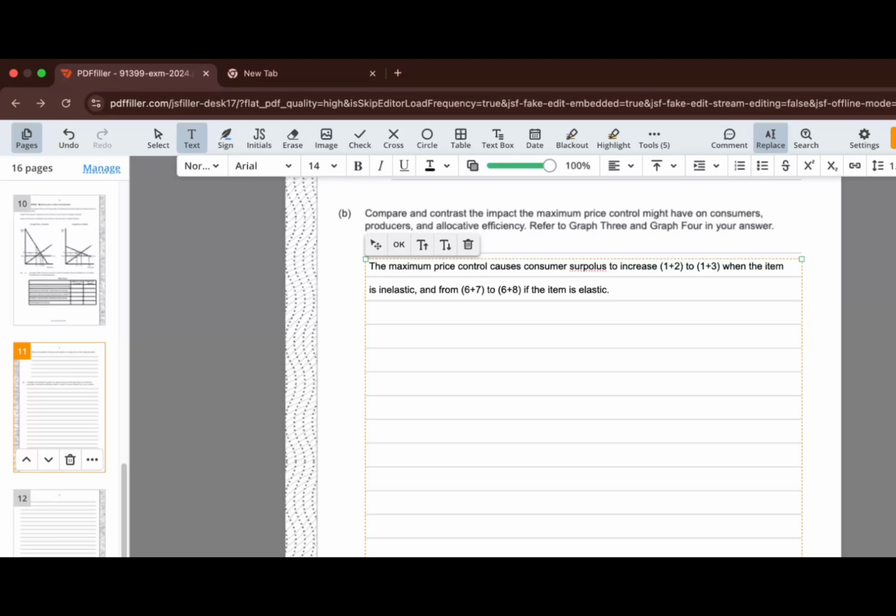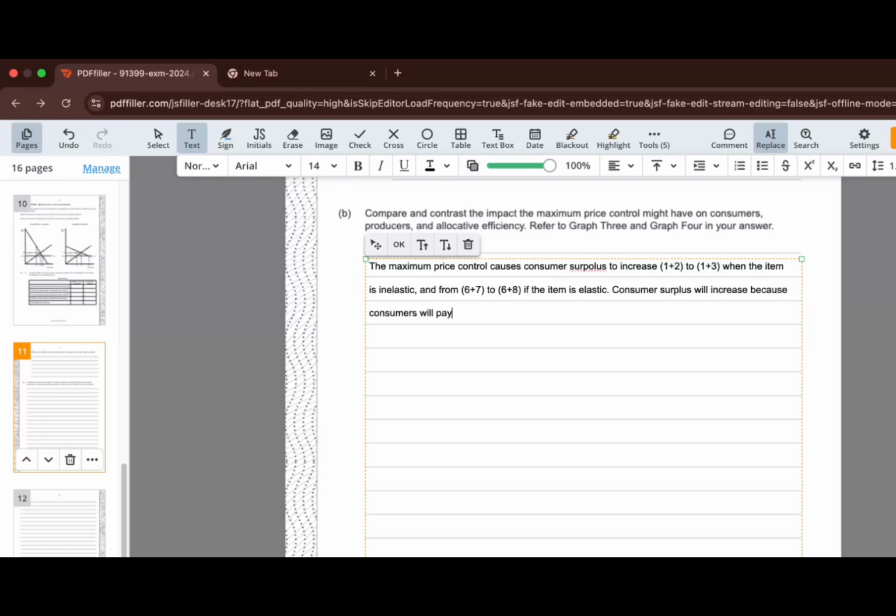We'll just kind of explain why consumer surplus increases now, guys. So consumer surplus will increase because consumers are going to be paying a lower price, right?